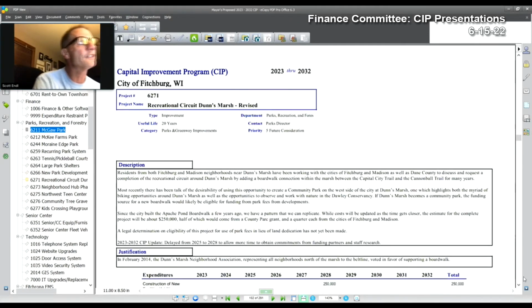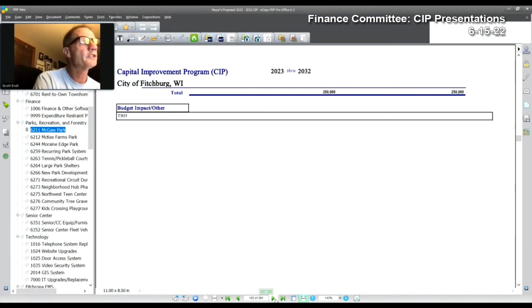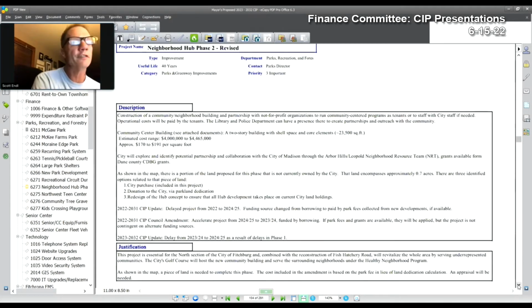The 6271, the recreation Dunn's Marsh, has been pushed out from 2025 to 2028. Neighborhood Hub Phase 2 has been pushed out, certainly with the timing of Phase 1. We want Phase 1 to be completed and then take a look at Phase 2. That's why it was delayed.